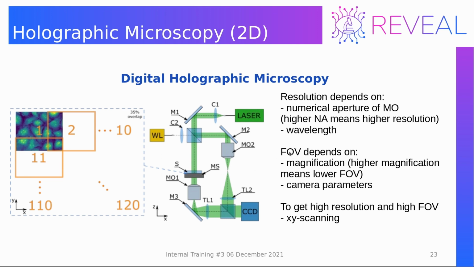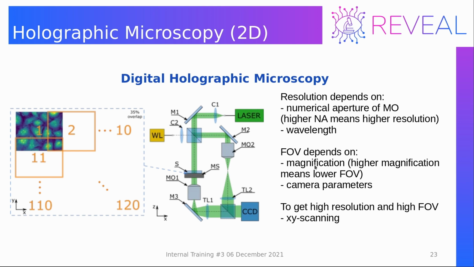So what you can do to deal with this problem is you can either choose a microscope objective that has high numerical aperture and relatively low magnification. There are such microscope objectives. These are very expensive, but there are such microscope objectives.